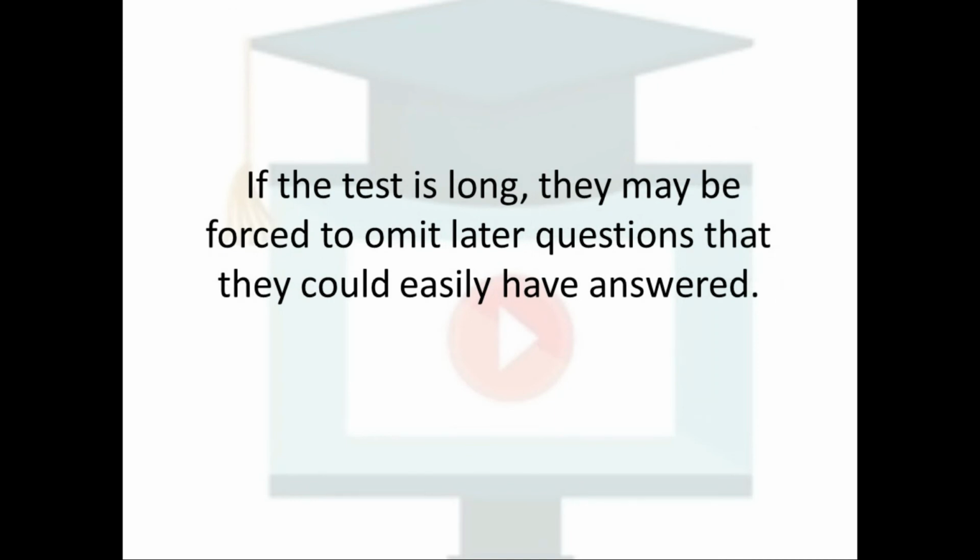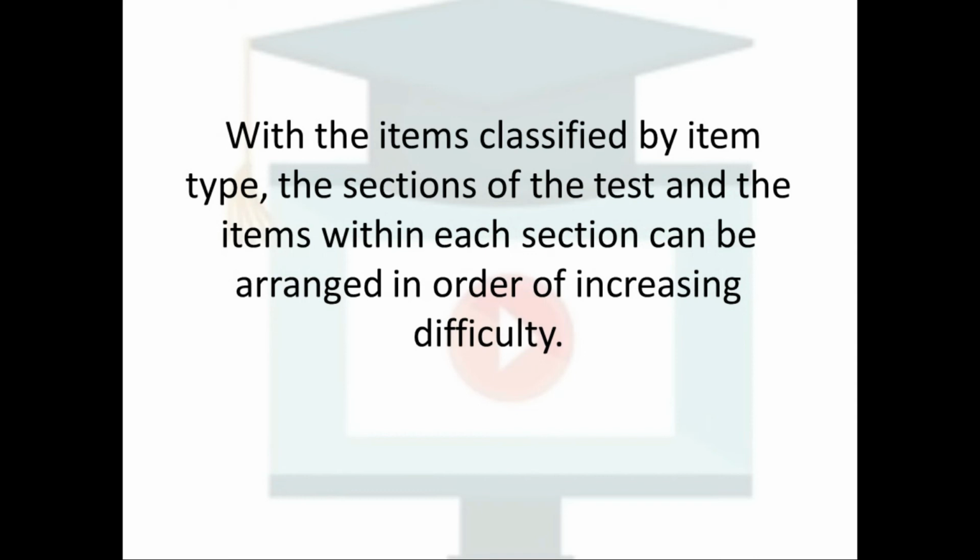If the test is long, they may be forced to omit later questions that they could easily have answered. With the items classified by item type, the sections of the test and the items within each section can be arranged in order of increasing difficulty.